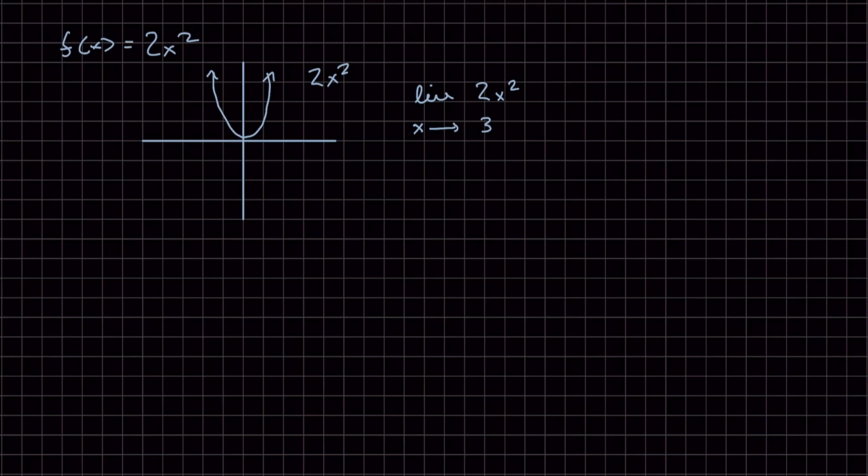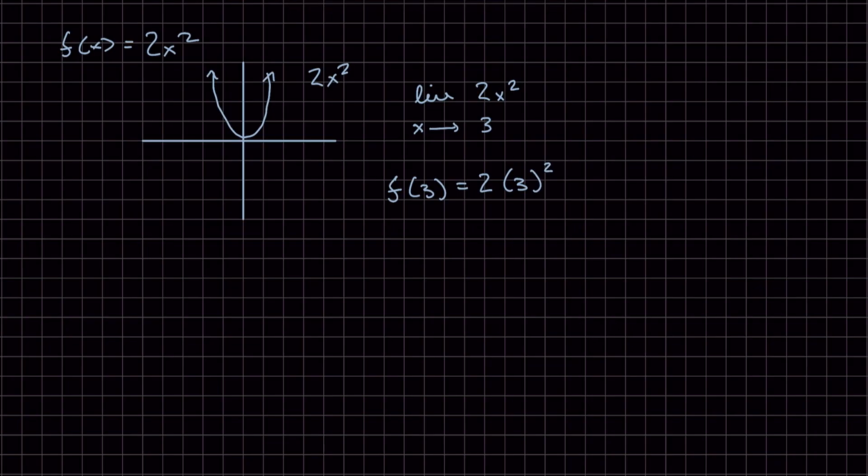Well, we can start by thinking about what 2x squared, or f of 3, might be. So if we plug in 3, f of 3 is 2 times 3 squared, right?